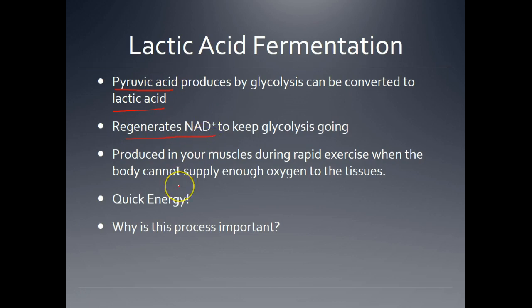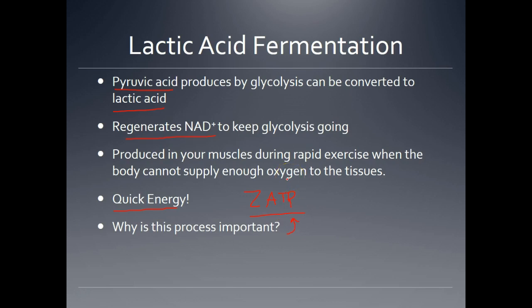And the reason we do that is not to produce the lactic acid, but it's a form of quick energy. Again, we can produce 2 ATPs per glucose, which isn't a lot, but it's bonus, it's some, and even in the absence of oxygen, you still can produce ATP, and that's incredibly important when you're undergoing rigorous exercise or rigorous physical activity.